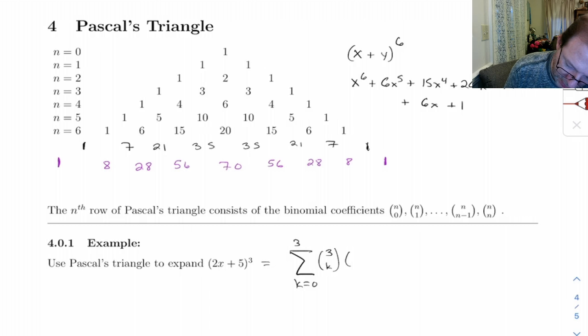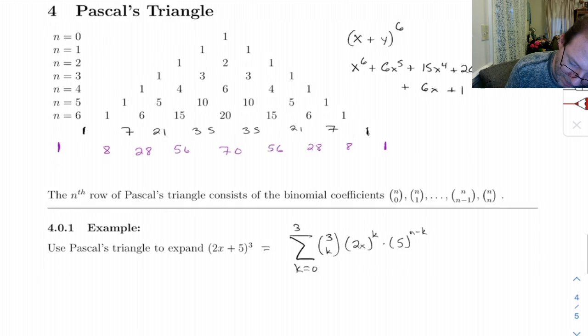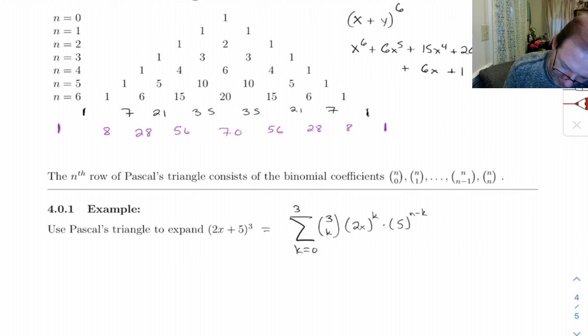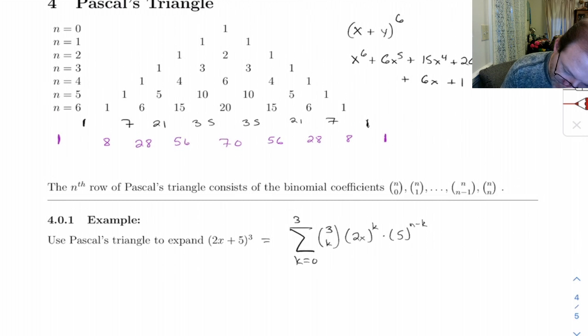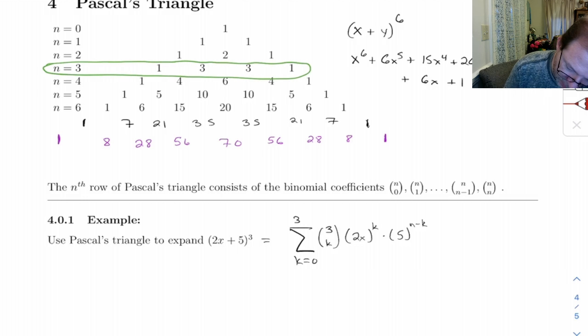My 2 things here are 2x to the k and then 5 to the n minus k. So I'm going to pull my coefficients from row 3 up here. So what I'm going to get is 1, 3, 3, 1.